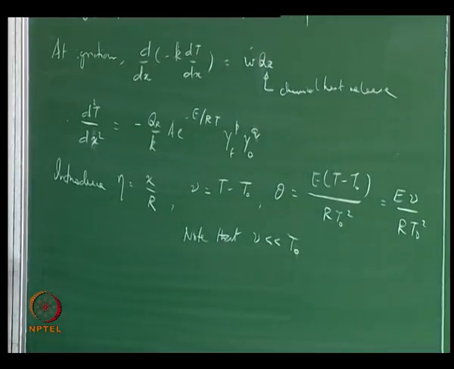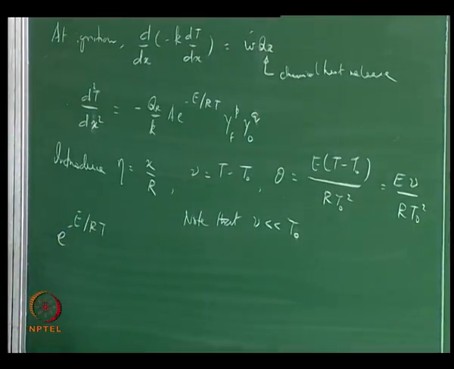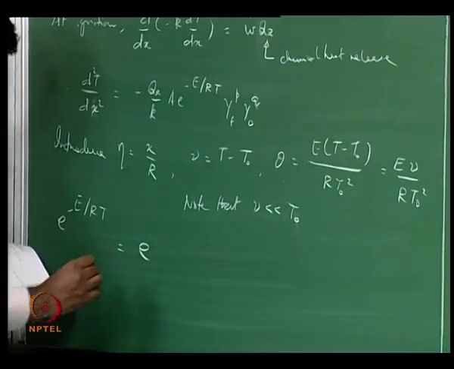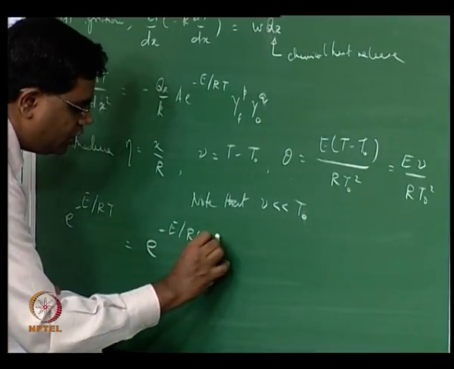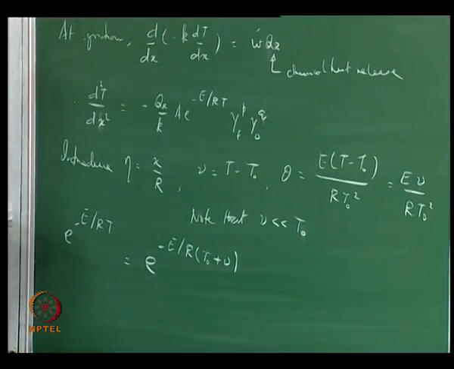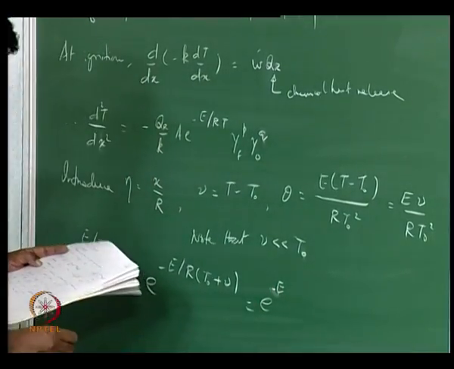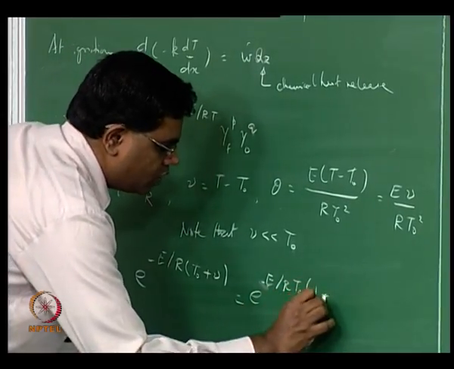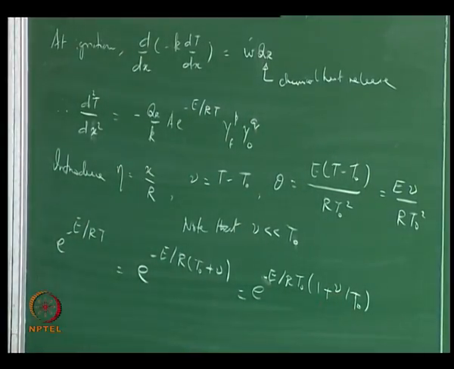That means we are looking at small departures from T naught for the temperature near the wall, and if you have this notion, then e to the minus E over RT can be expanded about T naught as exponential of negative E over R times (T naught plus nu). That can be written as exponential of minus E over R T naught times (1 plus nu over T naught), and then you do a binomial approximation.